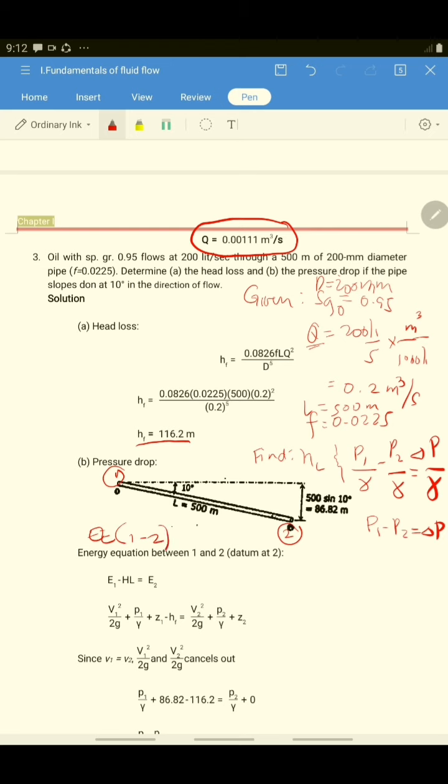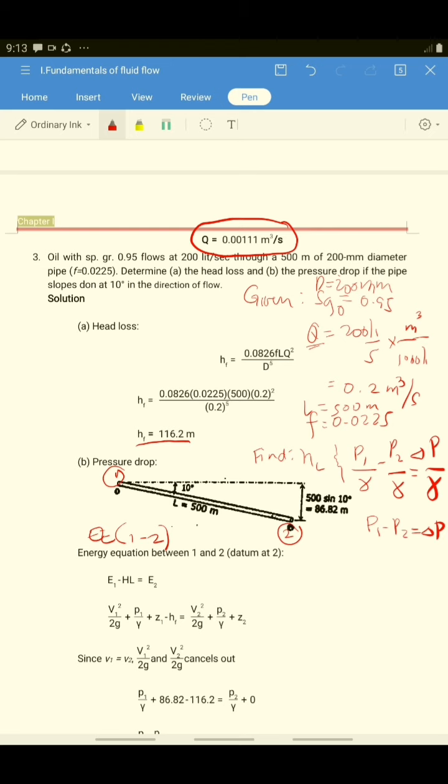So sometimes, don't be confused with H as a symbol of total head and E as a symbol of total head, because some of the references mostly use E as the symbol of the total head, as long as you know what you mean by the total head.